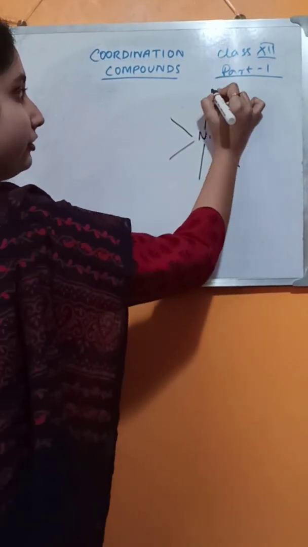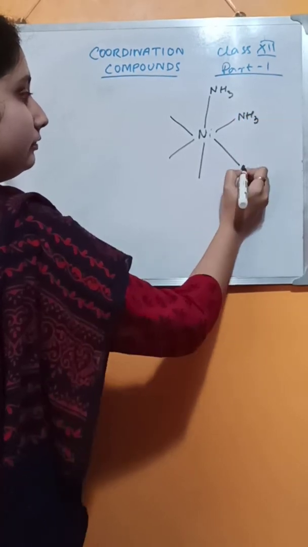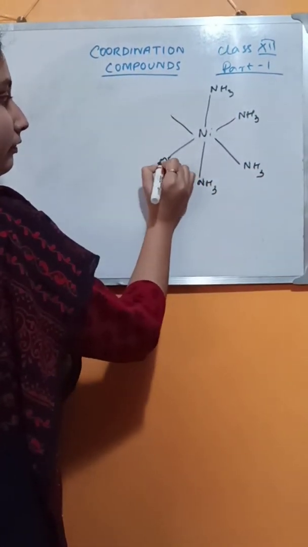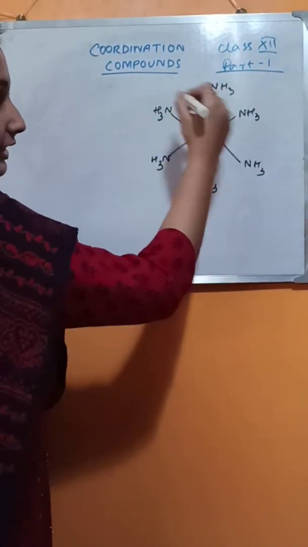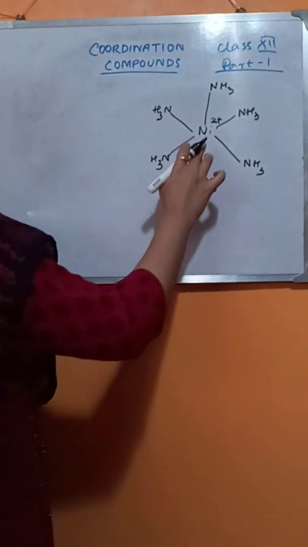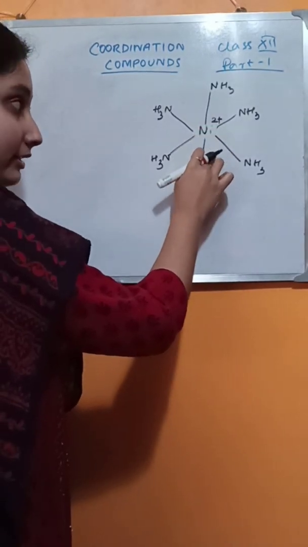There are 6 NH3. Nickel is 2+. Nickel has vacant orbitals.